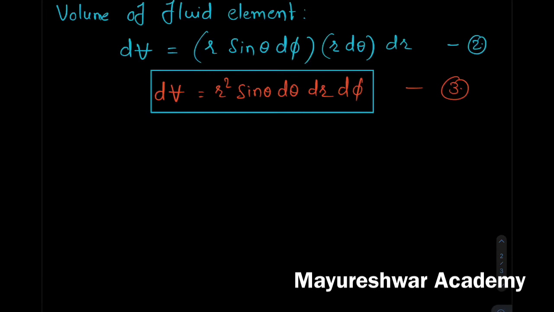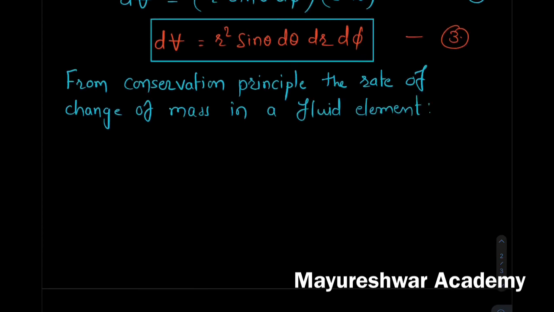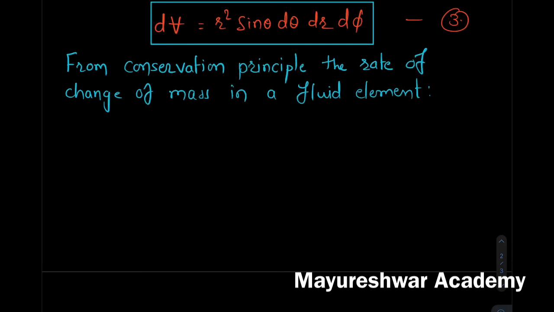So we have, from the conservation principle which we have stated, the rate of change of mass in a fluid element is partial over partial t of rho, which is density, multiplied by dV.